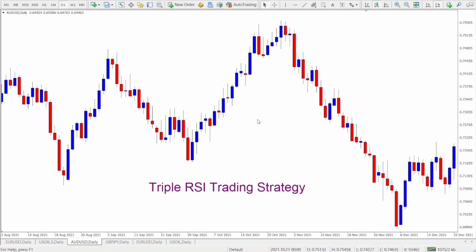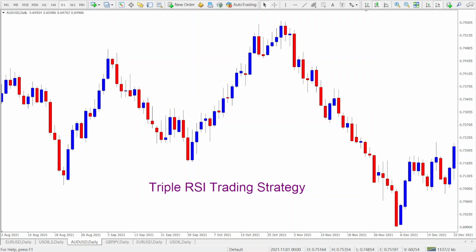If you have been struggling to filter out false signals or pinpoint the best market entries and exits, this strategy might just be what you need. You might want to grab a pen, take some notes and stick around because we are about to break it all down step by step.